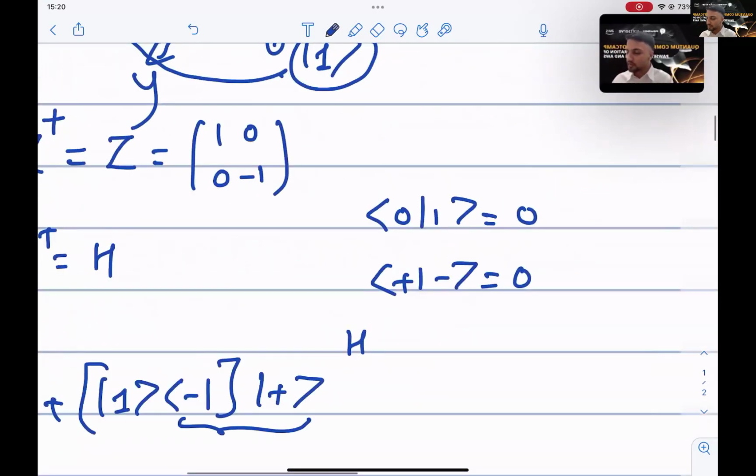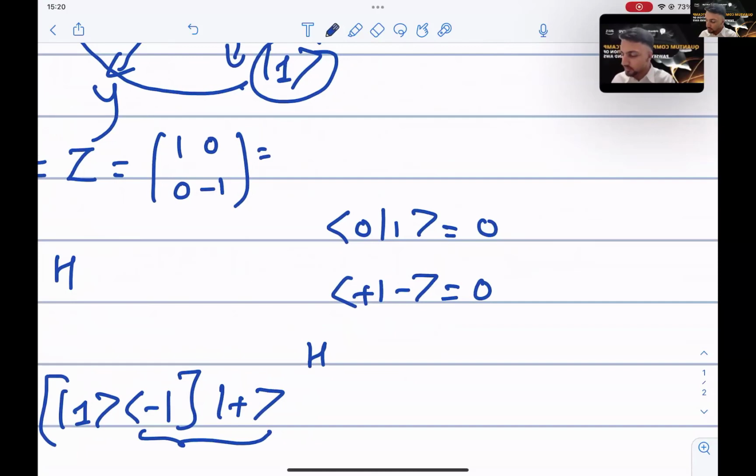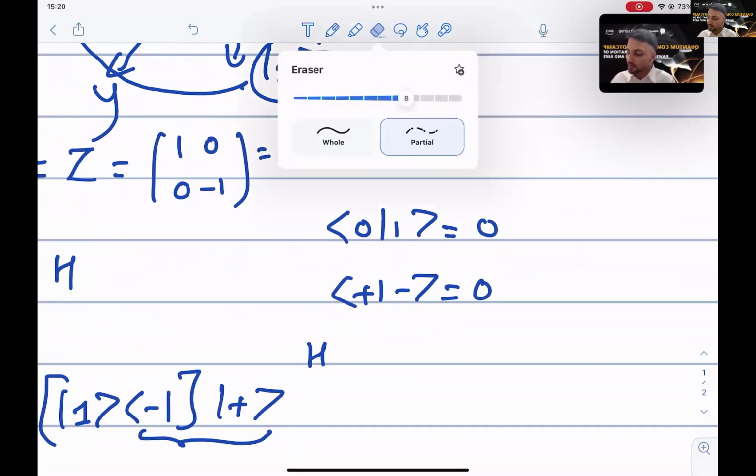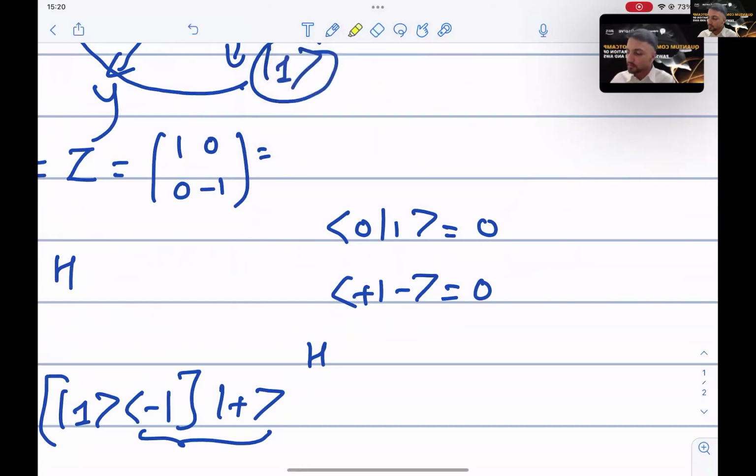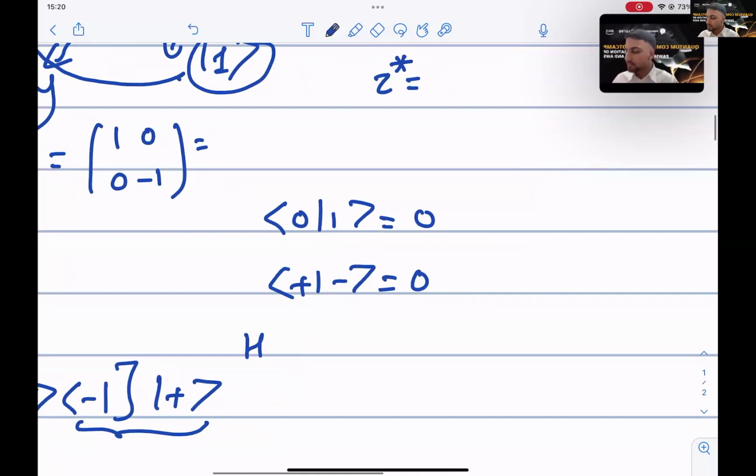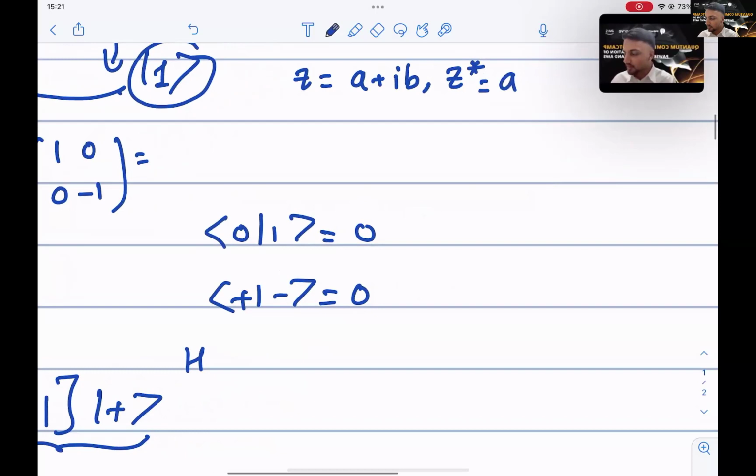So conjugate transpose has two things. First, you take the conjugate, and conjugate is complex conjugate, okay? So for example, for someone who doesn't know what conjugate is, or needs a recap, let's say you have a complex number Z defined as A plus iB, then Z star is what? Complex conjugate of this, which is A minus iB.